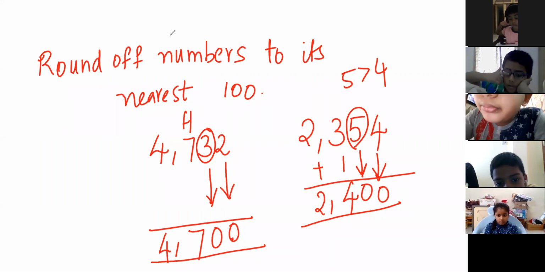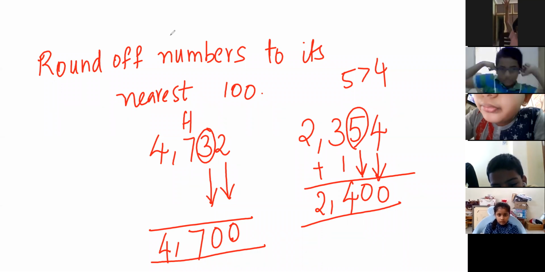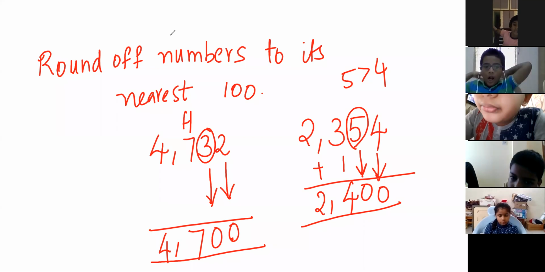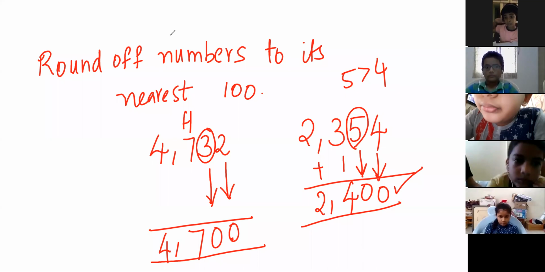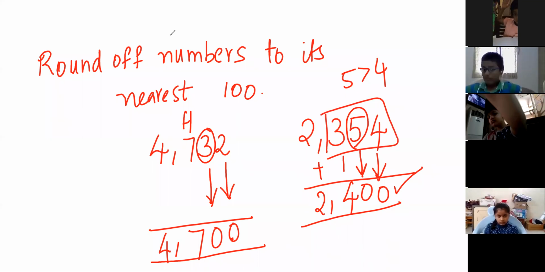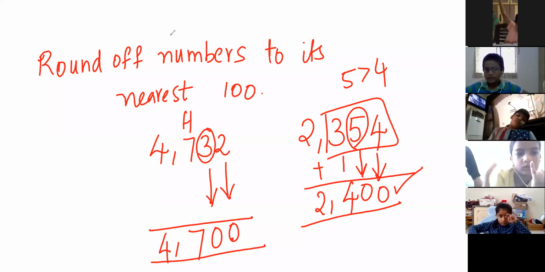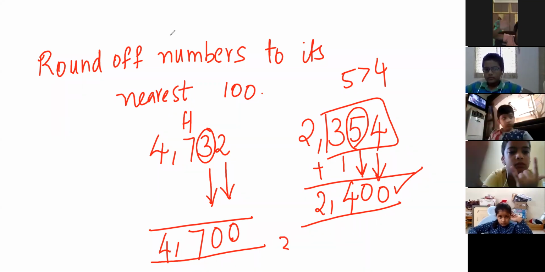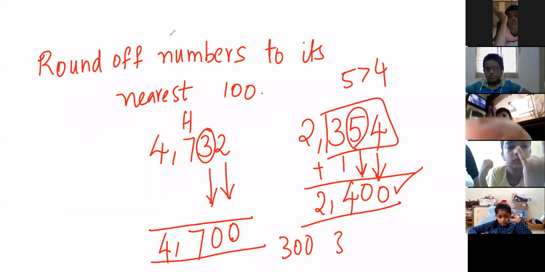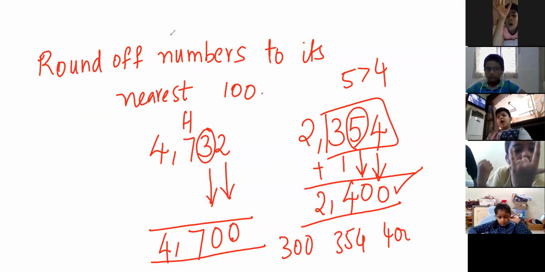So the answer is how much? 2,400. When you round off 2,354 to its nearest 100, what answer will you get? 2,400. That means 354 lies between 300 and 400, right?